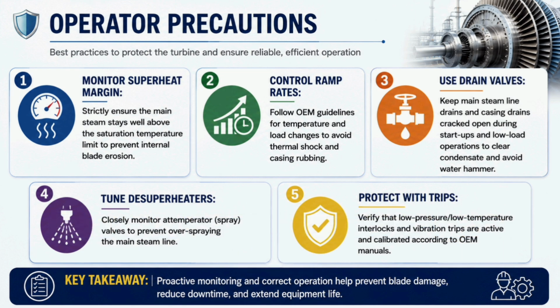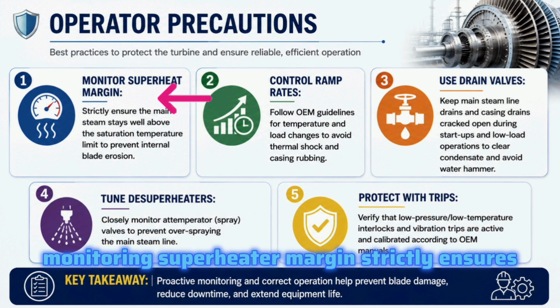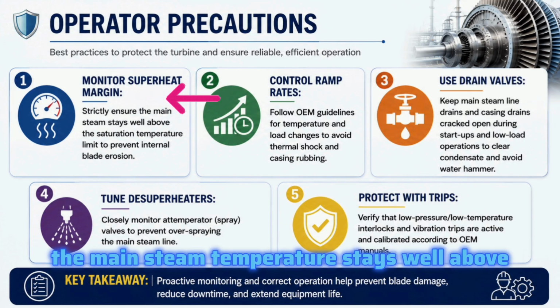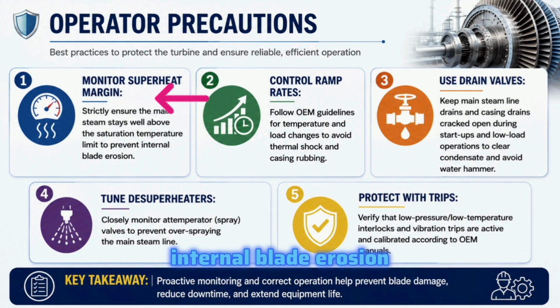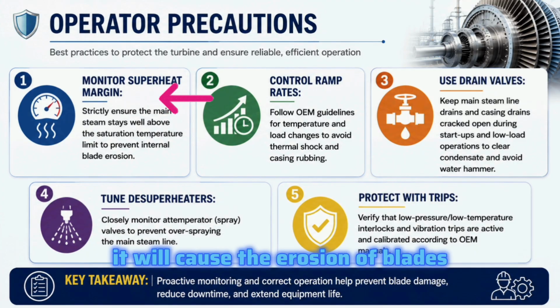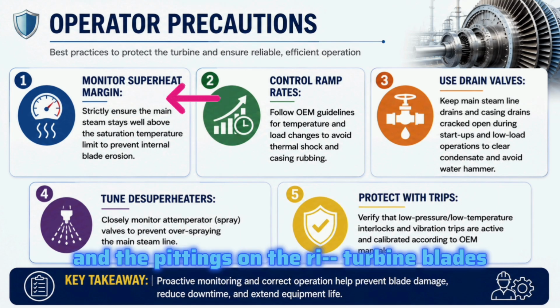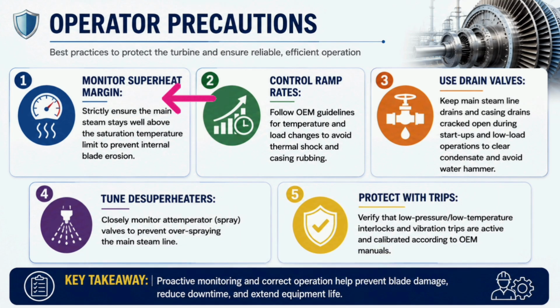By monitoring the superheater margin, strictly ensure the main steam temperature stays well above the saturation temperature limit to prevent internal blade erosion. If saturated steam enters the turbine, it will cause erosion of blades and pittings on the turbine blades, which will reduce or hinder the turbine life.